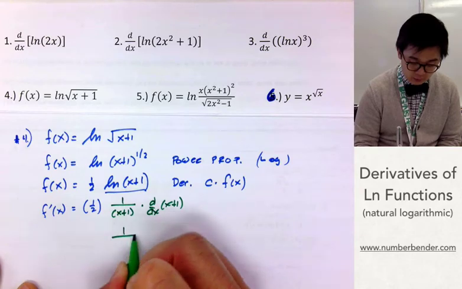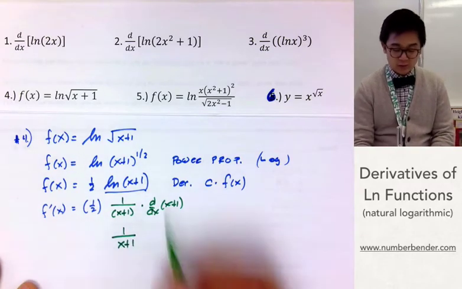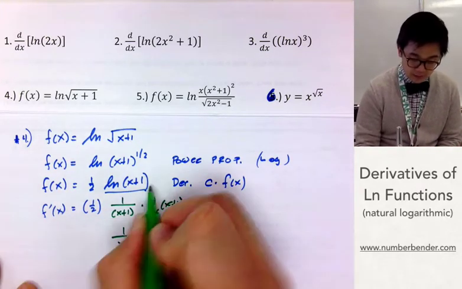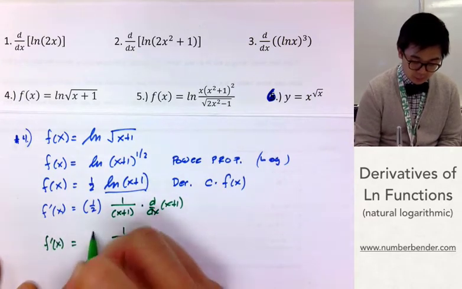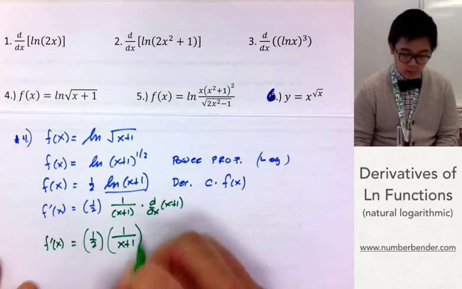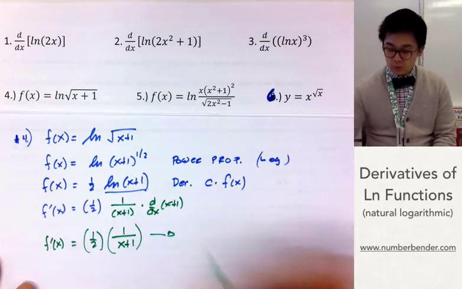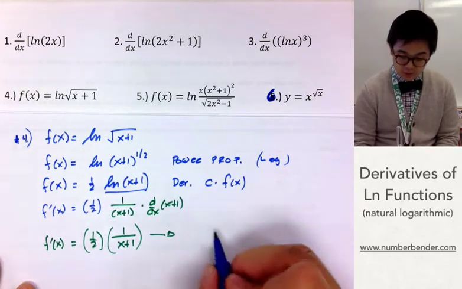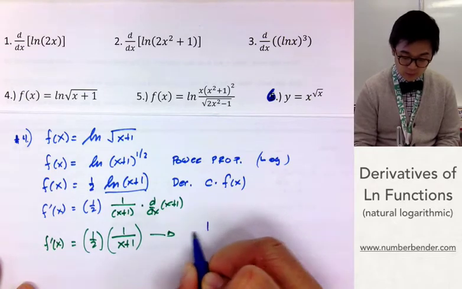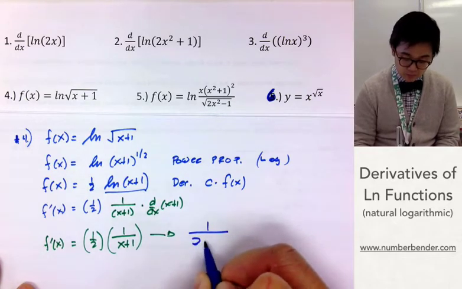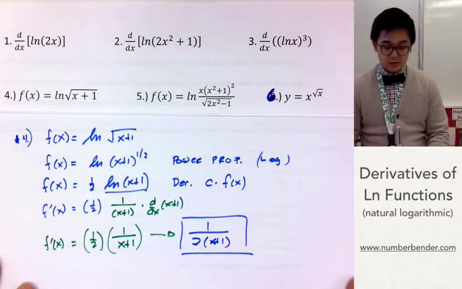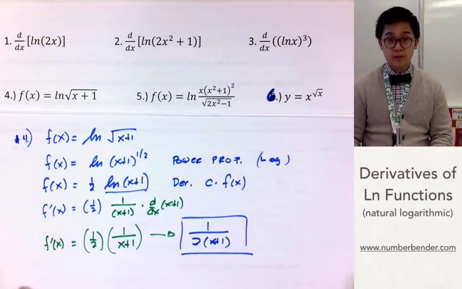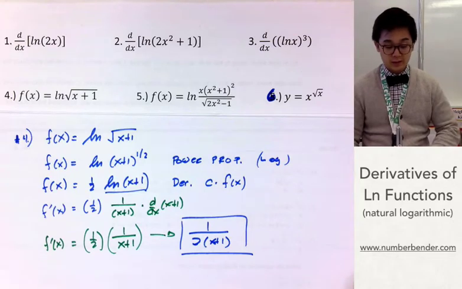So we'll have 1 over x plus 1 for the derivative of ln of x plus 1. So f prime of x is simply 1/2 multiplied by 1 over x plus 1. And if you want to simplify this further, we can rewrite this as 1 over 2 times the quantity x plus 1.